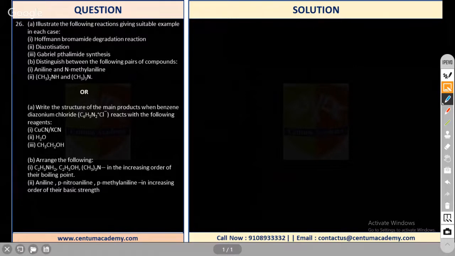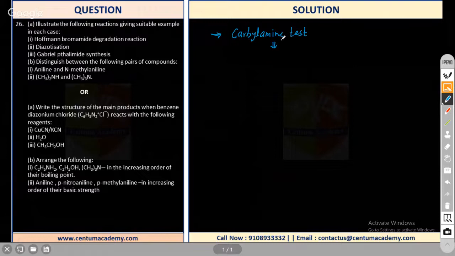Okay, see. To distinguish aniline and N-methyl aniline, they can be distinguished using one test that we have already done, and the name of the test is carbylamine test. Carbylamine test. Write down this.